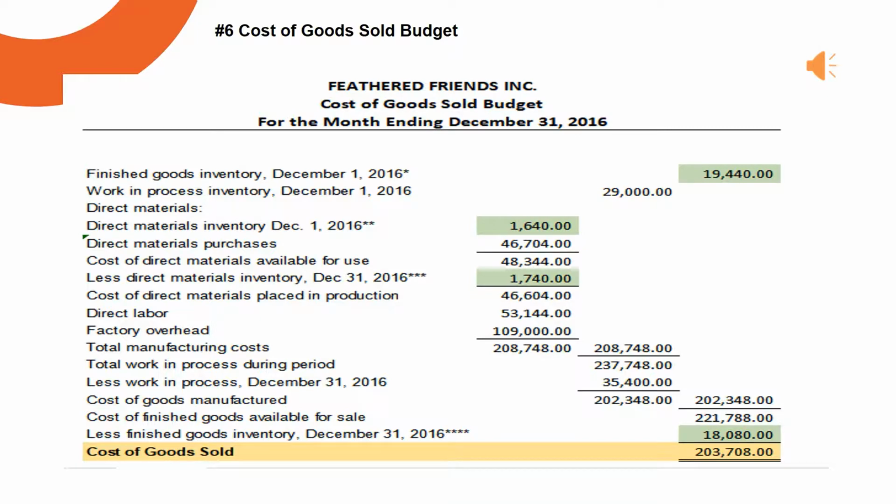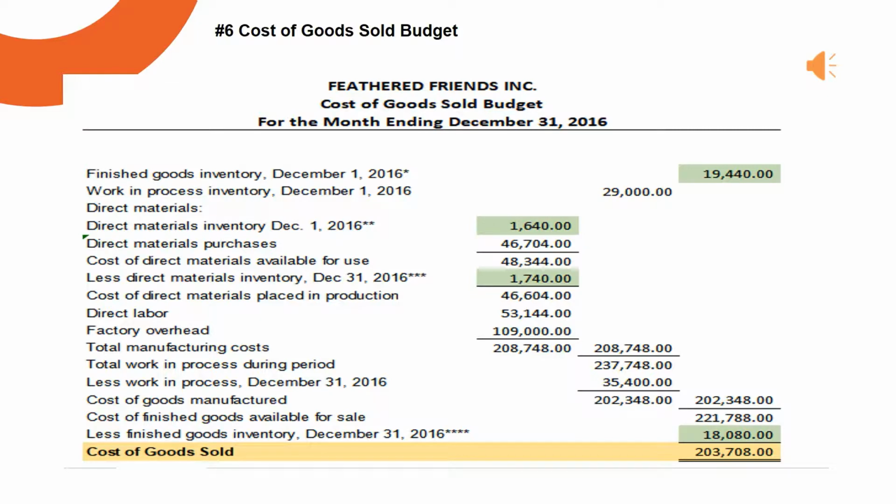For the birdhouse and bird feeder, we multiply 320 times $27, which gives us $8,640, and 270 units by $40 gives us $10,800, for a total of $19,440. That amount goes right here in the first line item in our cost of goods sold budget.